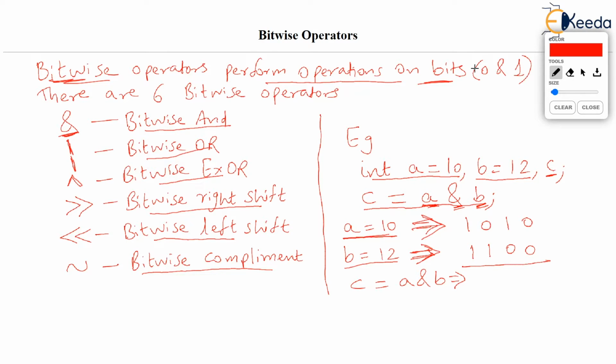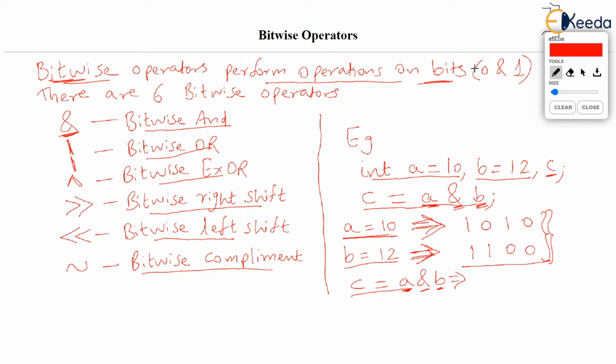We are now evaluating c equal to a bitwise ANDed with b. So these two binary numbers are going to be bitwise ANDed. As you know, the AND operator is exactly like the AND logic gate, which says that if both the inputs are high, only then the result will be high.